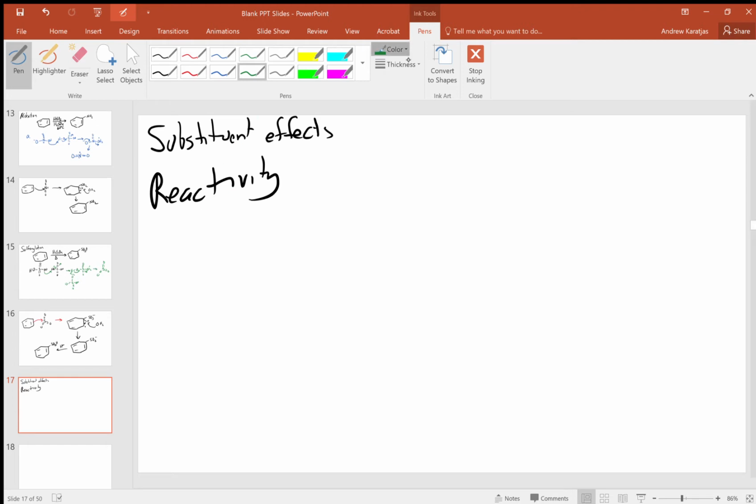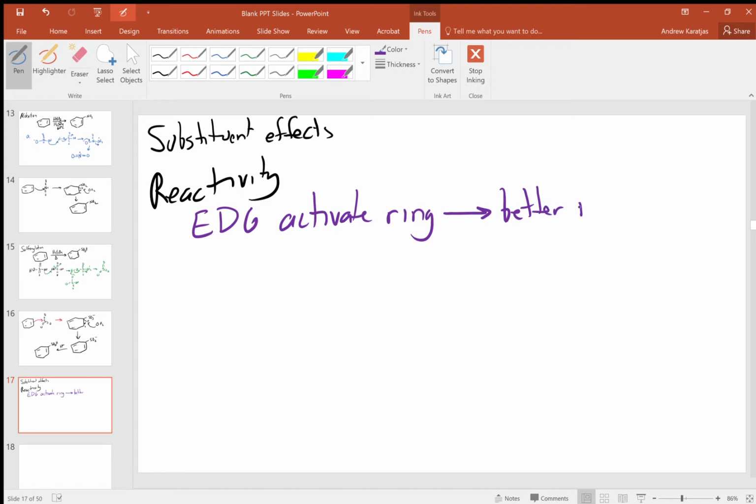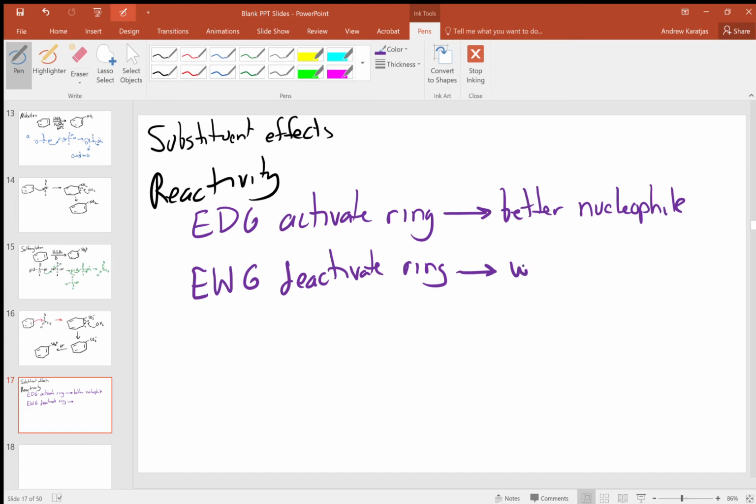Or in other words, electron donating groups will activate the ring and it becomes a better nucleophile. On the other hand, electron withdrawing groups will deactivate the ring and make it into a worse nucleophile.